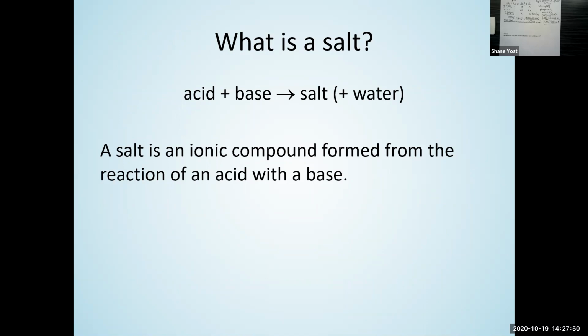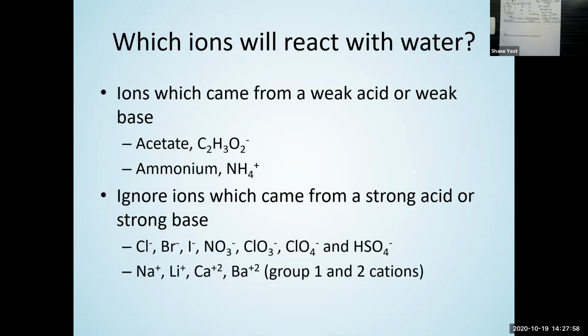Those salts in water can affect the pH of a solution. How does that happen? If I have a salt with sodium acetate, that salt will fully dissociate in solution to create sodium ions and acetate ions.